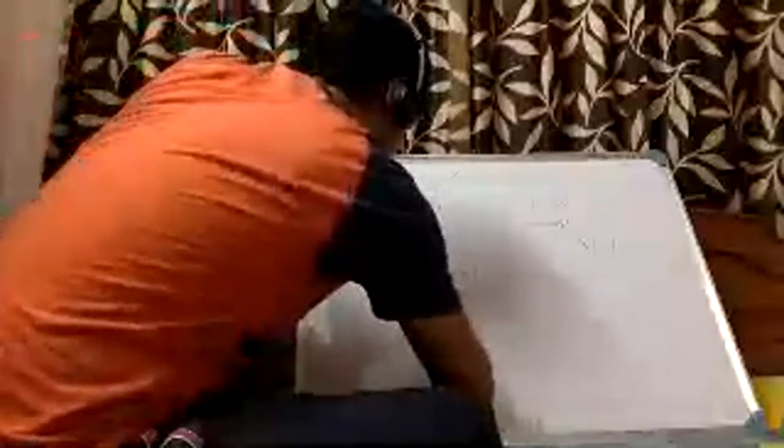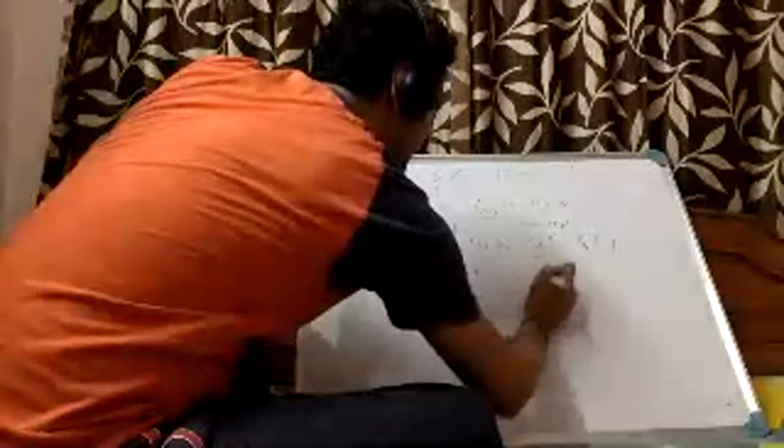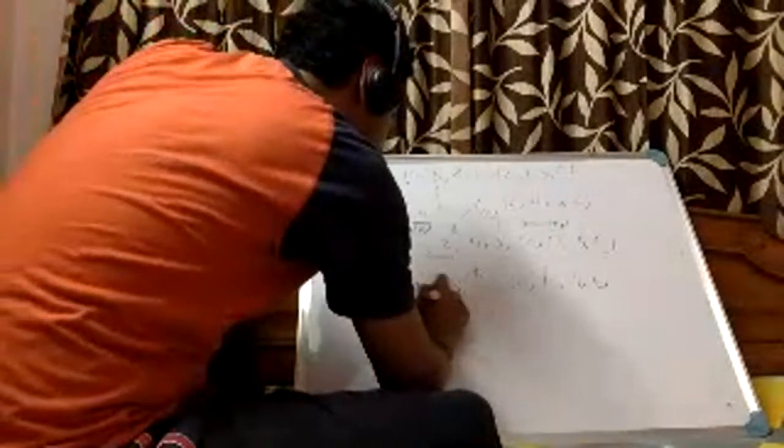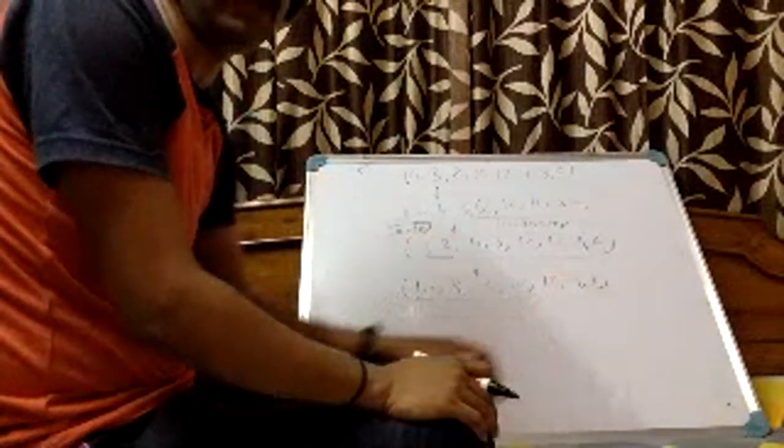Inside this unsorted part, I have 3 as the minimum number. So it becomes 1, 2, 3, and then 4, 10, 12, 5, and 6. This is the next step. Now I have the sorted list as 1, 2, 3 and the unsorted list as 4, 10, 12, 5, and 6.